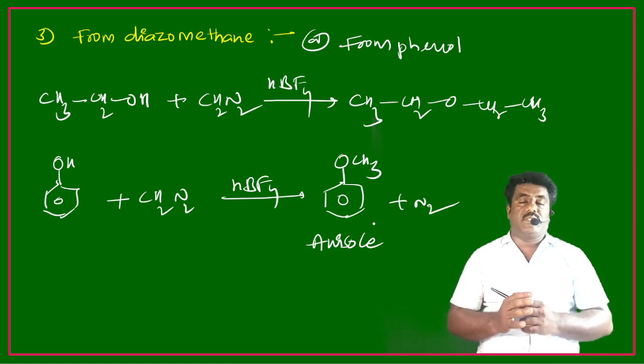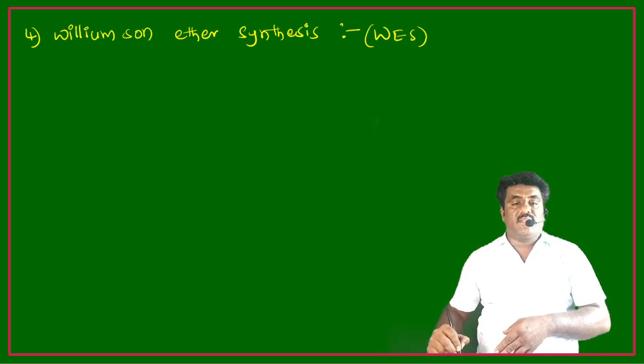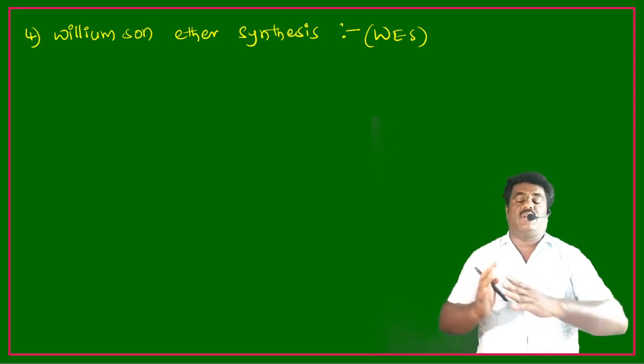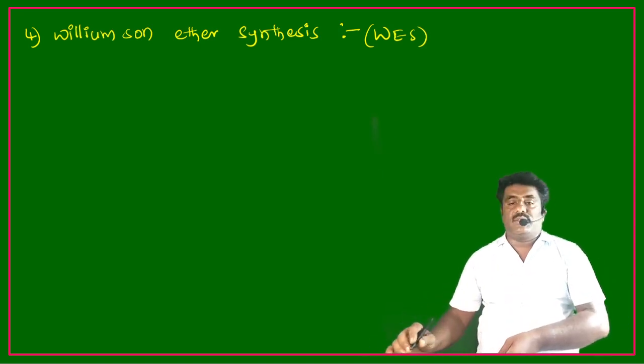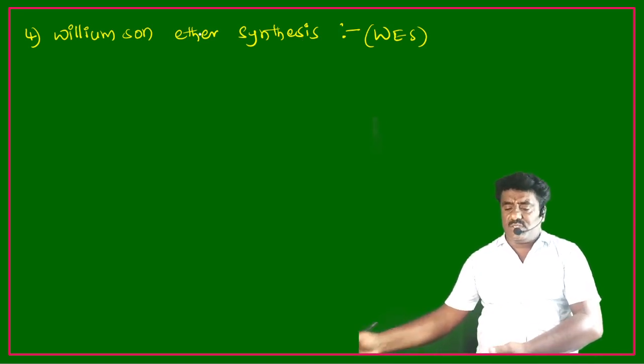Now the fourth method, the very important Williamson ether synthesis. It is very important for objective-oriented exams. What is Williamson synthesis?